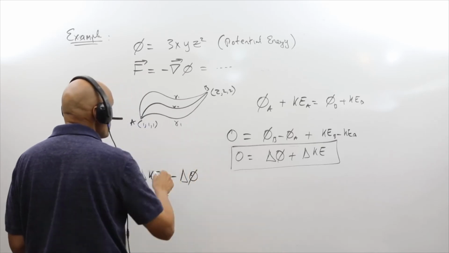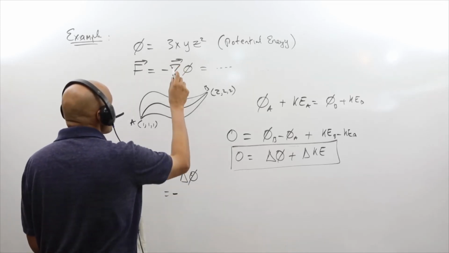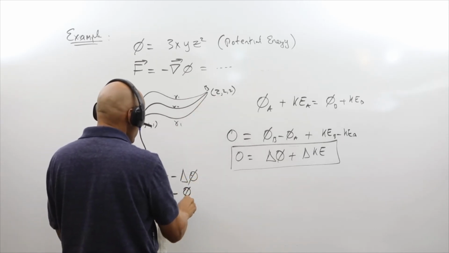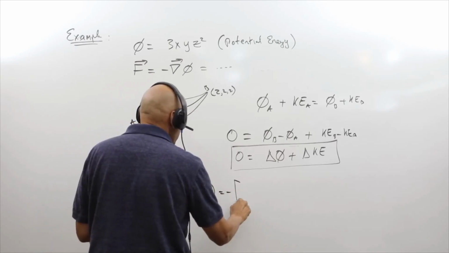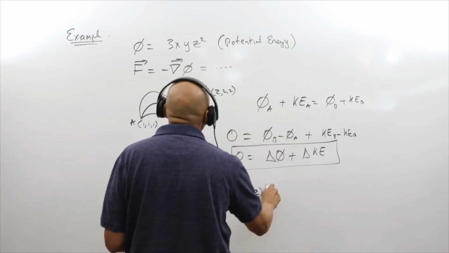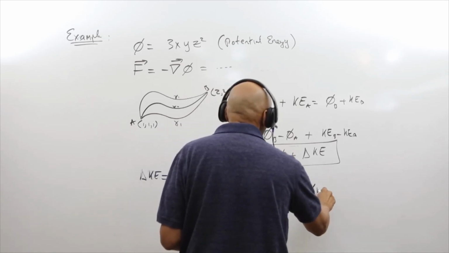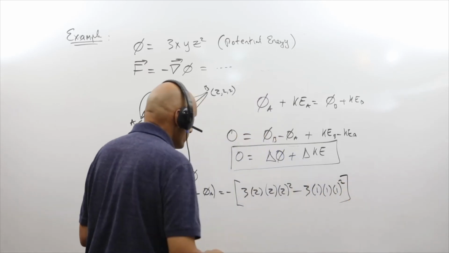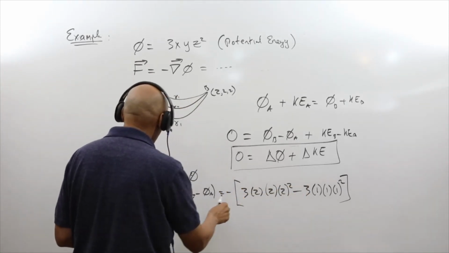So for example, between these 2 points, the kinetic energy change is basically the potential function, so this is phi at B minus phi at A. Phi at B is 2, 2, 2, so this is 3 times 2 times 2 times 2 squared minus 3 times 1 times 1 times 1 squared. I won't even bother calculating it; these are small numbers and it's not important. Whatever this answer is, it is equal to the change in kinetic energy.